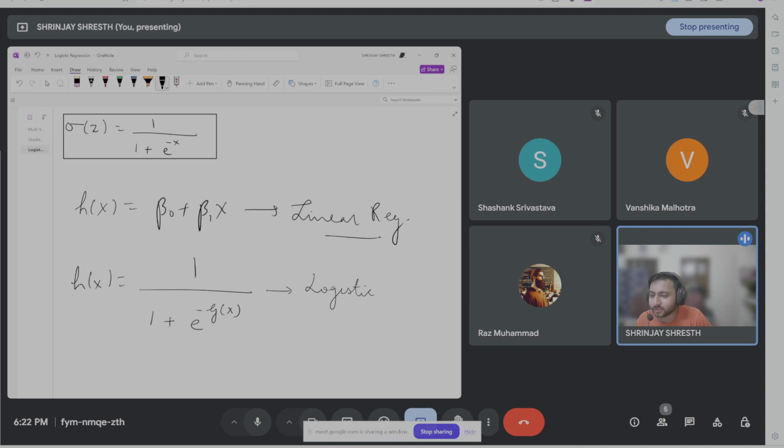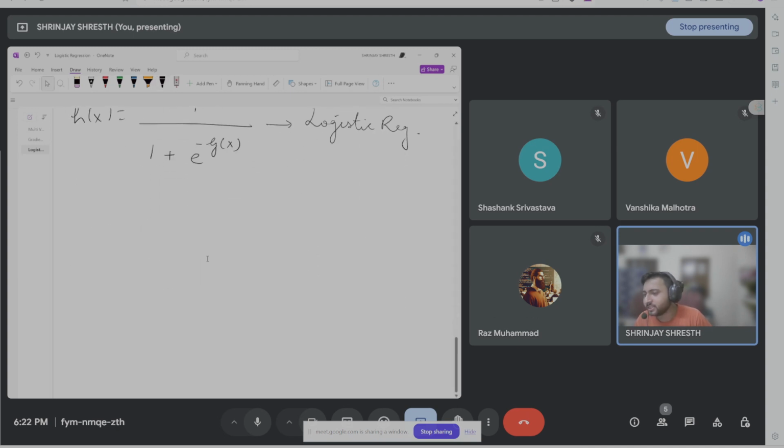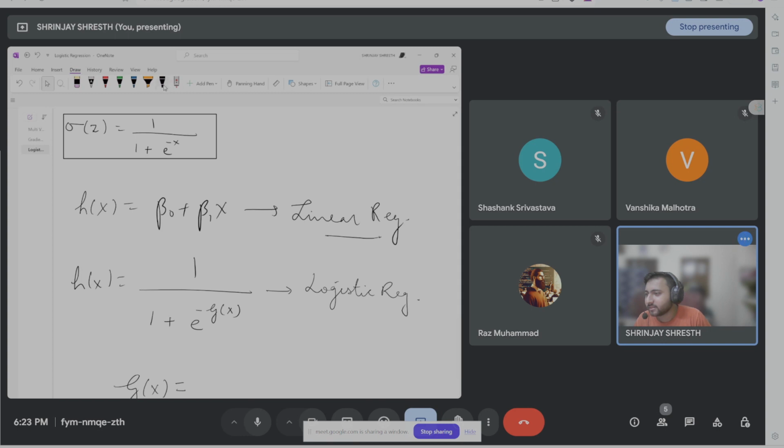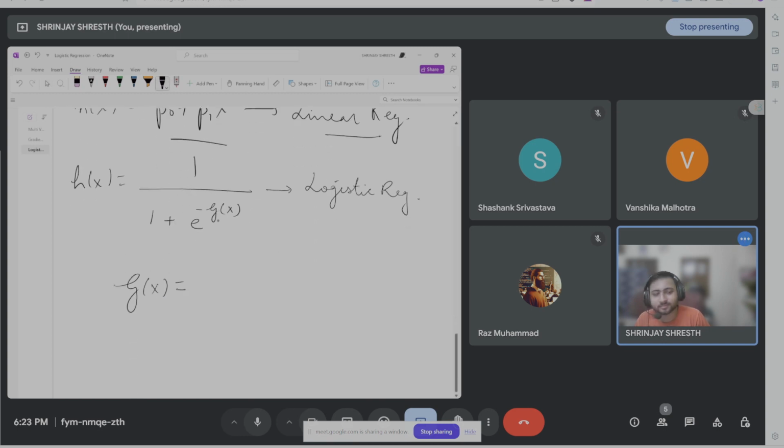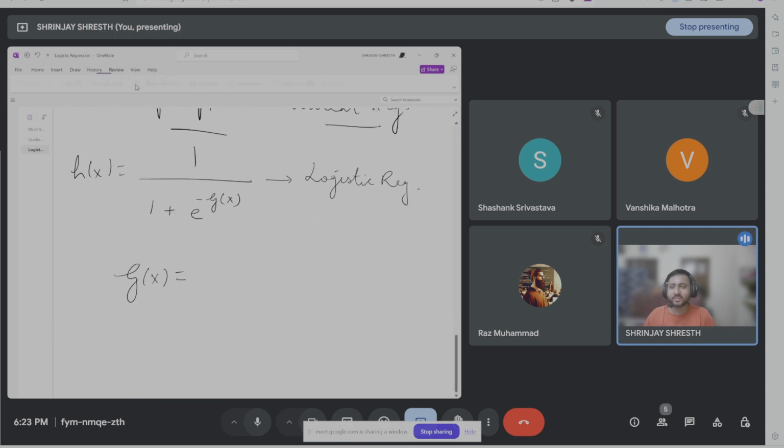What this function gx is, we'll leave for now. This gx is nothing but this thing. We are mapping that regression line as an input here. What do I mean? We have beta naught plus beta 1x.